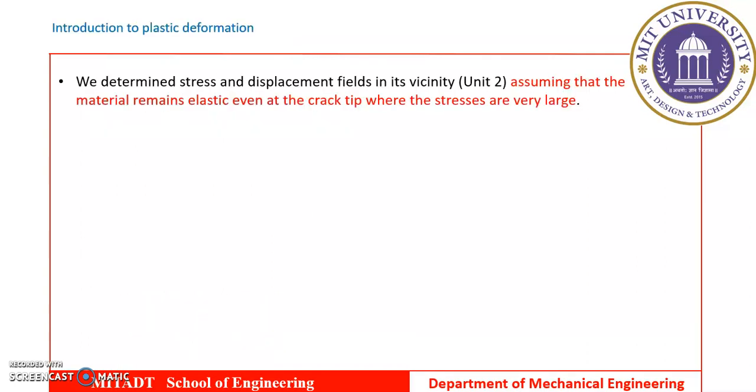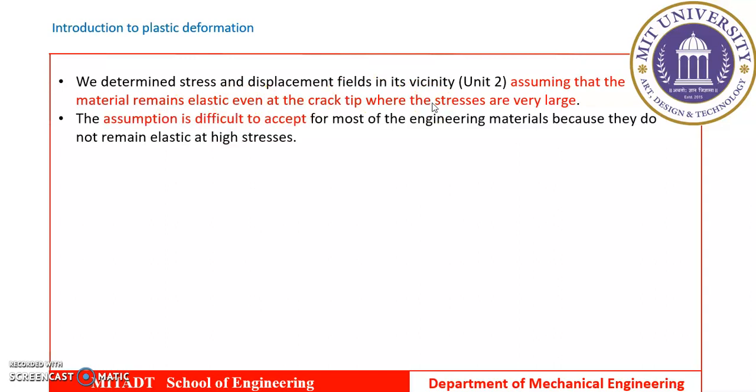Now to start with, in unit 2 we have seen the stress and displacement fields. Now there we have assumed that the material remains elastic at the crack tip where the stresses are large. But this assumption is difficult to accept because most engineering materials do not remain elastic at high stresses.